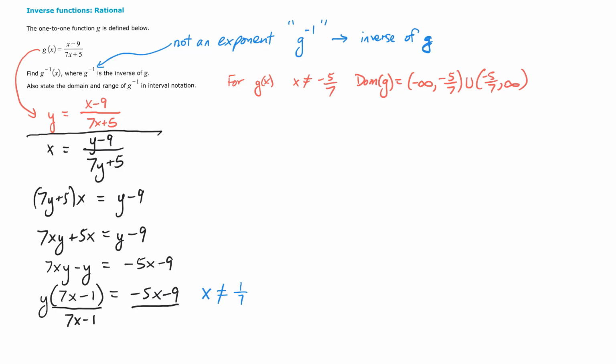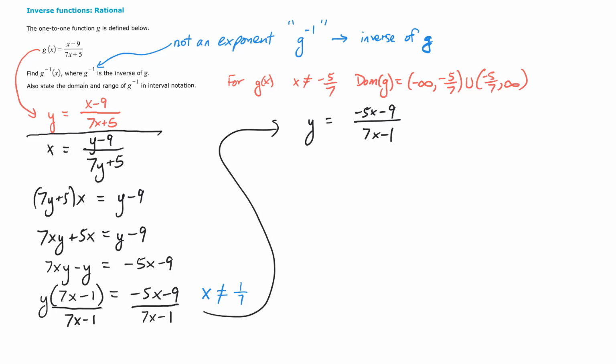But you first have to say x cannot equal 1/7. What does this mean? This means our new y is equal to (negative 5x minus 9) over (7x minus 1). We're going to rename this new y. The name for this new y is in fact going to be the inverse of g of x.